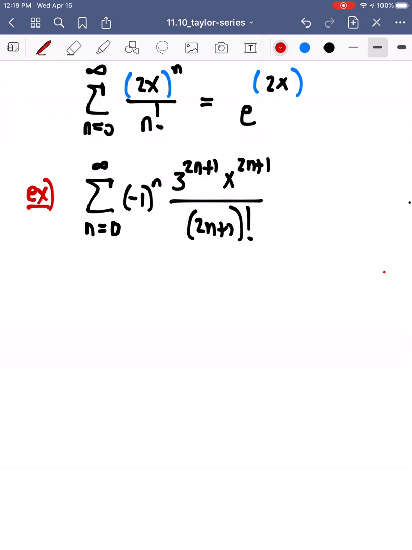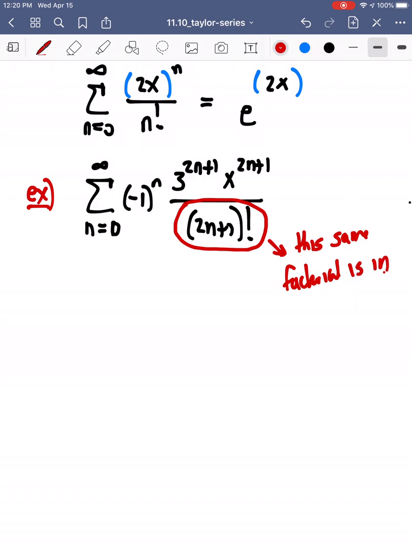I would say in this particular series, what jumps out to us is this 2n plus 1 factorial. And what jumps out to us about this factorial is this same factorial in the denominator is in sine. Another piece that we see is this minus 1 to the n. We also note that sine also has that form.